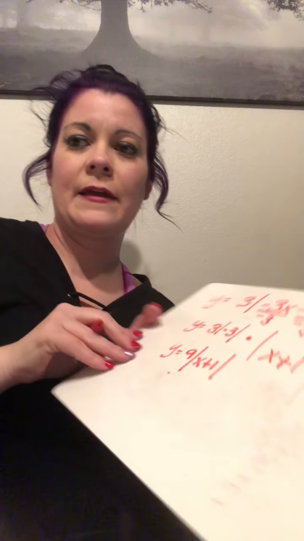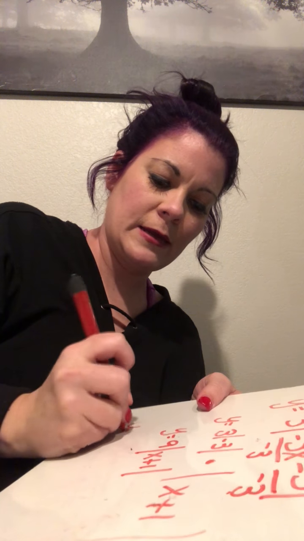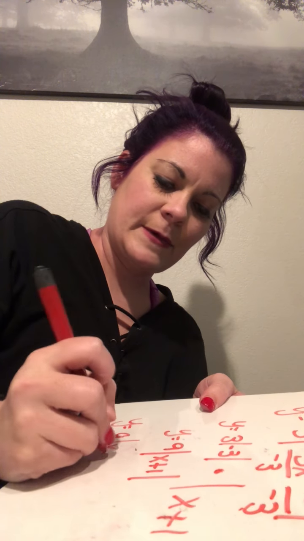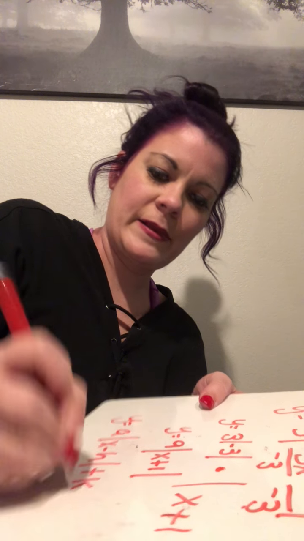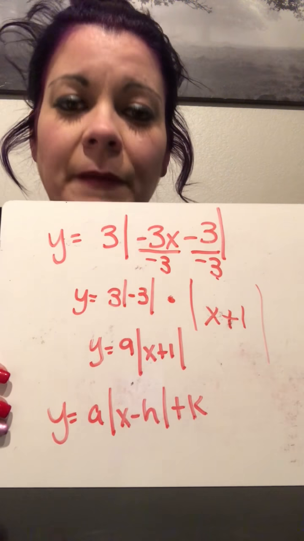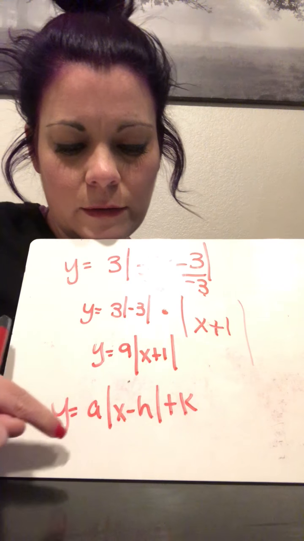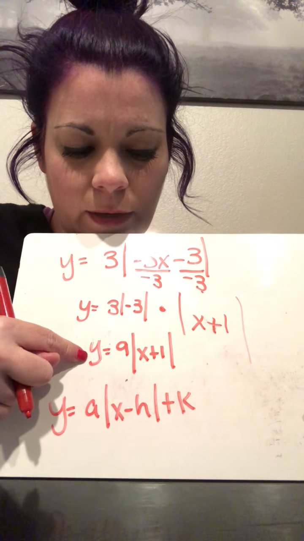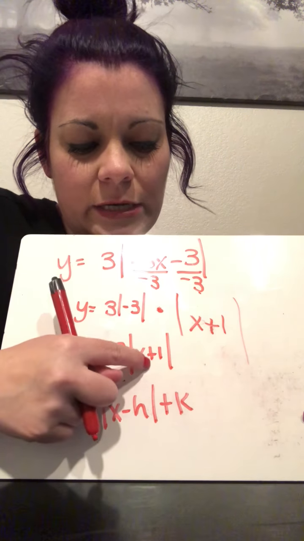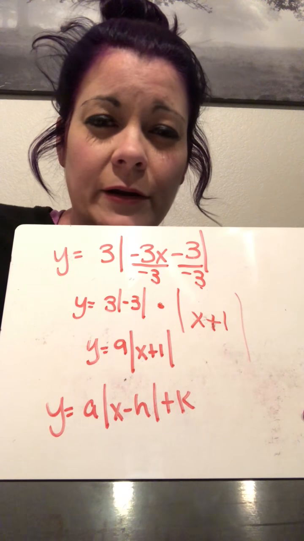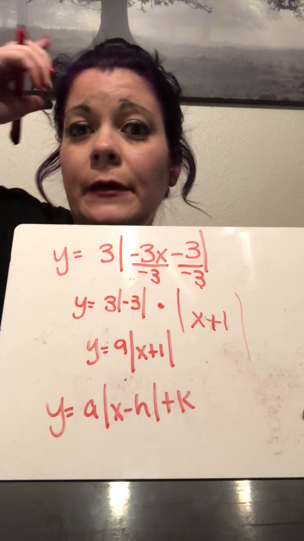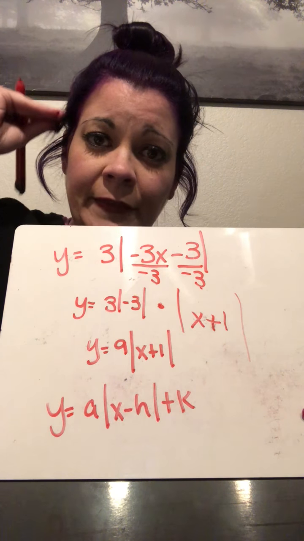And now it's written in that form, y equals a times the absolute value of x minus h, plus k. With this one, it means that the slope is multiplied by 9 and it shifts 1 left. I'm not going to graph it because we've been graphing them, but just know that that's it.